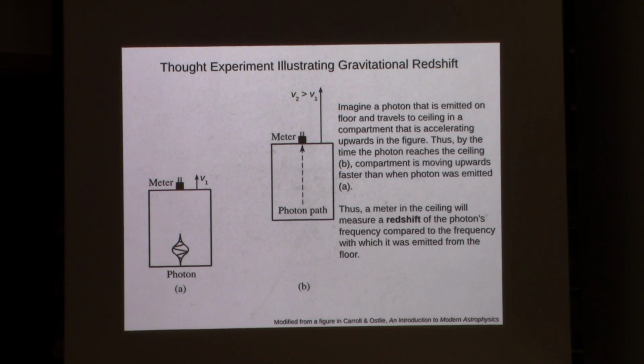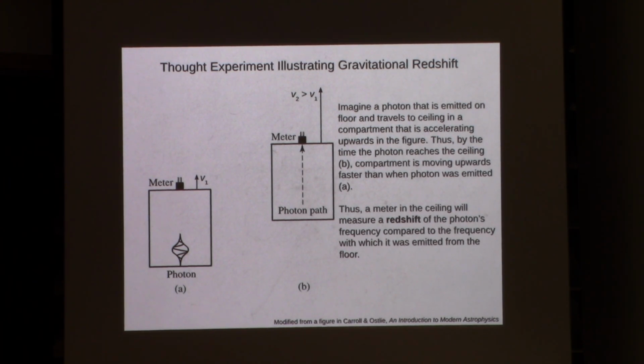If the rocket ship had the rockets not firing, if you just did this in space and it was either at rest or moving at a constant speed, would you see a red shift or blue shift or no shift in that case? If the rocket is not accelerating, then by the time the photon reaches the ceiling, is the ceiling moving any different?